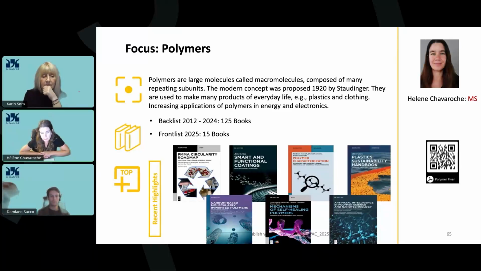We've published many books on advanced polymers: imprinted polymer, self-healing polymers, polymer for coatings. And of course, as Damiano mentioned, artificial intelligence is a very hot topic. So we've published a recent book on AI in polymer science and nanotechnology.